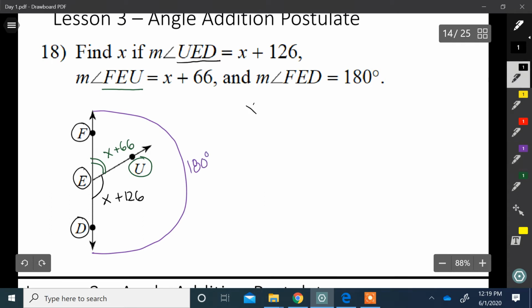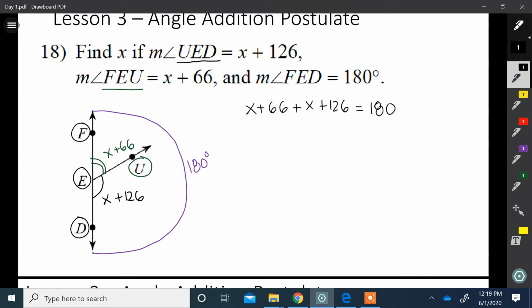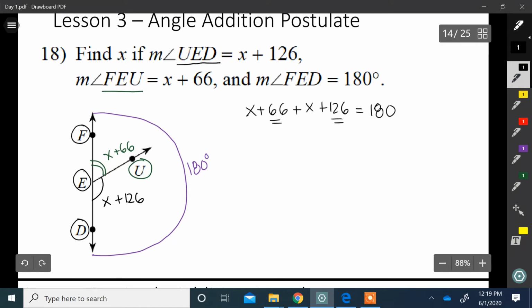All right, so we have x plus 66 plus x plus 126 is equal to 180. Okay, so we're going to add this 66 plus this 126, and I'm going to get 192 equal to 180.